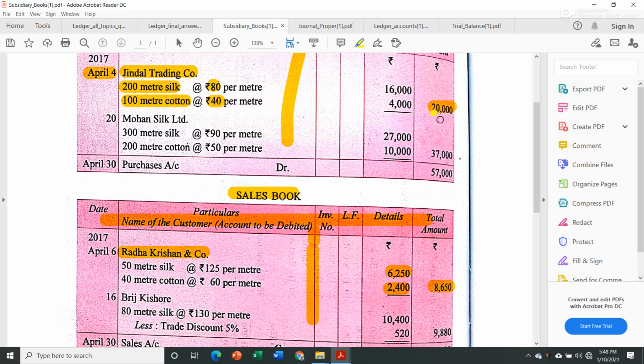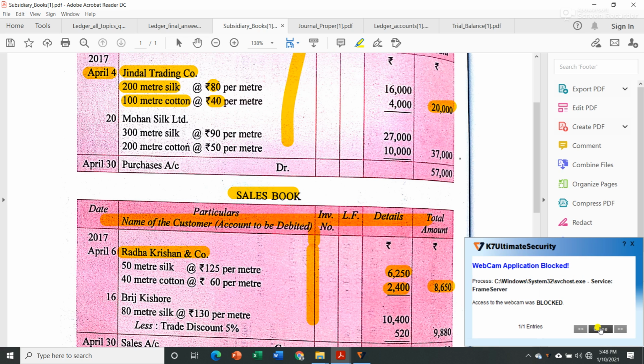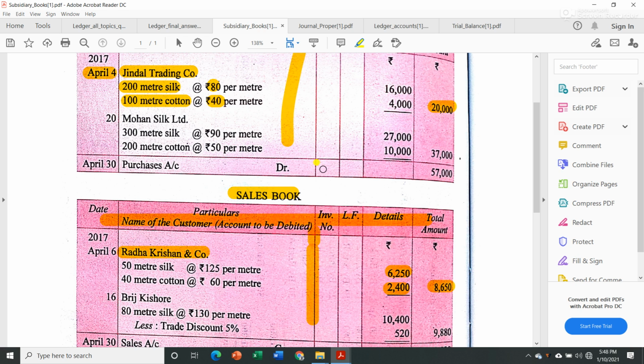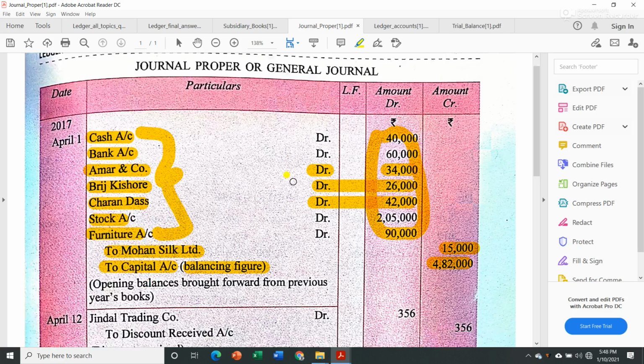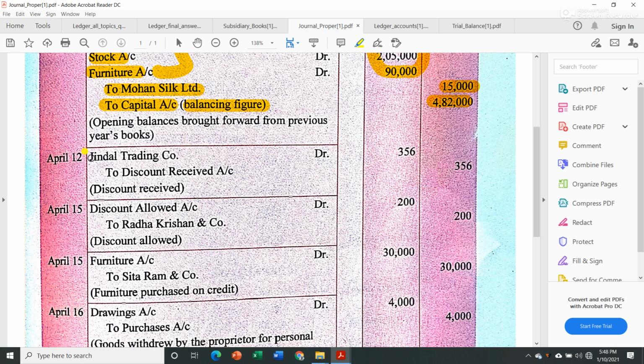So first we have to find out 2% cash discount, and we know that cash discount is recorded in journal proper. So we will pass one journal entry for discount received. Jindal Trading Company account debit to discount received account, and 2% of 17,800 is 356.